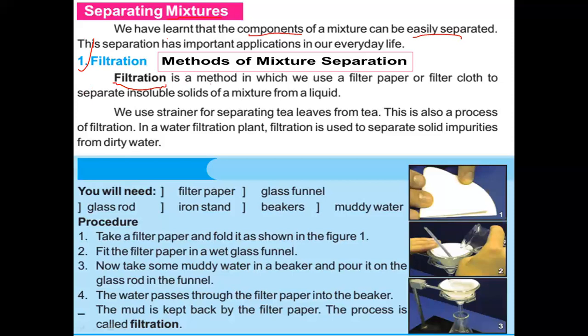So filtration, what type of method is it? It is the method in which we use filter paper. That's why we call it filtration, because we use filter paper or filter cloth to separate insoluble solids, the solids which do not dissolve properly in water or any other liquid. For example, we try to dissolve sand or soil in water, but it does not dissolve, it just mixes with it.